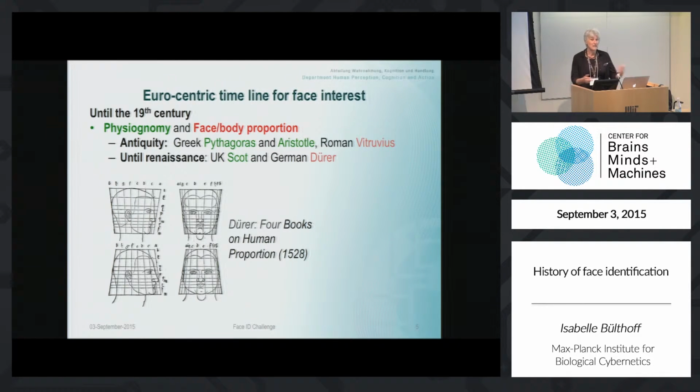Then in the Middle Ages and the Renaissance, there were Scott in the UK and Dürer in Germany, and here is an example of Dürer's drawings trying to find the typical proportions in the face.